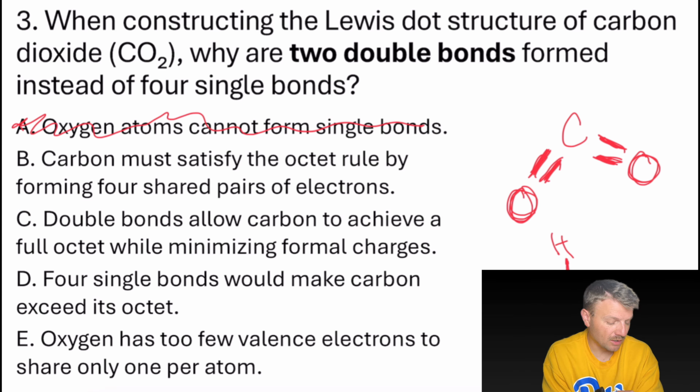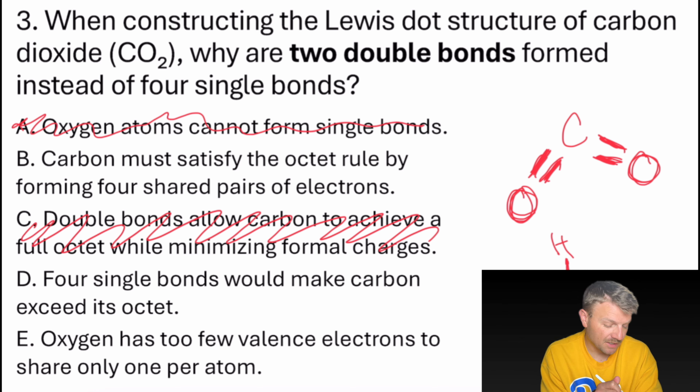C, double bonds would allow carbon to achieve a full octet while minimizing the formal charges. I really didn't talk about the formal charges at all. I don't think it's the answer. I'm going to scratch it out. D, 4 single bonds would make carbon exceed its octet rule. We talked about how methane's a perfect example of having 4 single bonds.